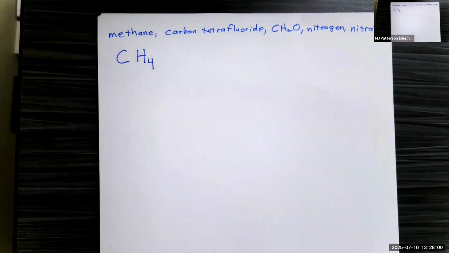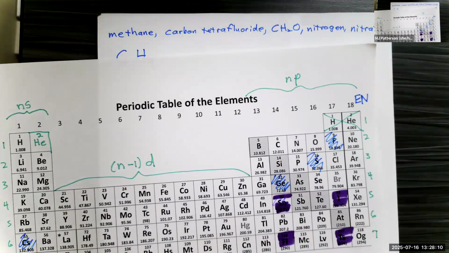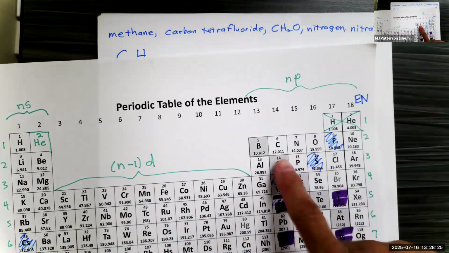Okay. So if we're going to count valence electrons, we're going to need a periodic table. We did not review this earlier in class today. To find valence electrons from the periodic table, we want to look at the last digit of the group number if we're in the S block or the P block. And carbon and hydrogen are in the S and the P block.